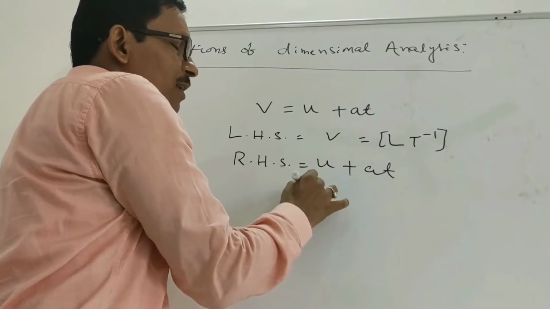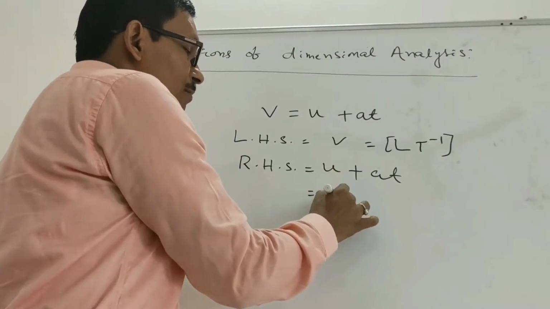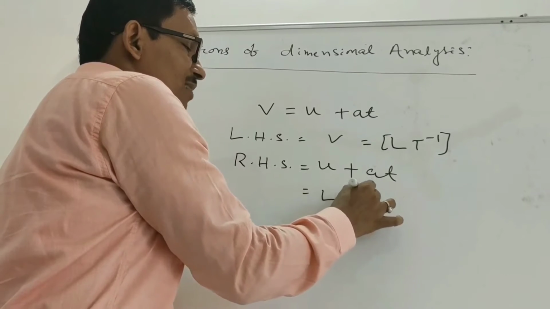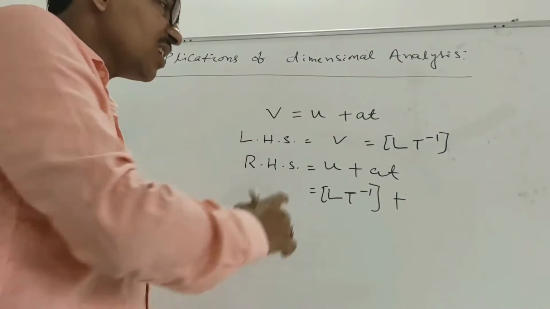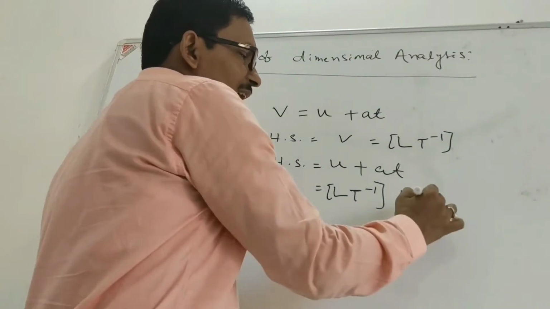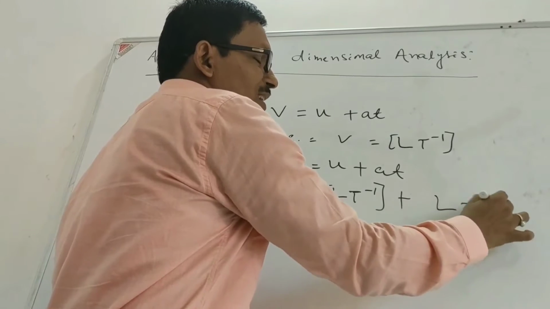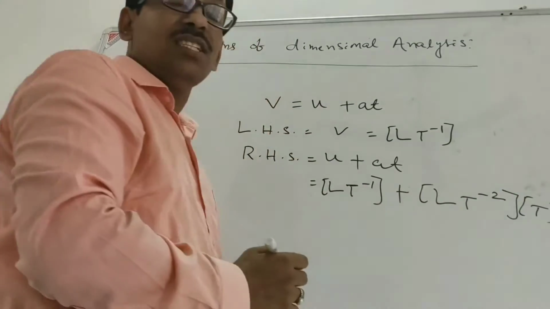U is initial velocity. It is another velocity, so it will have the dimension L T minus 1. What about the second term? In the second term, acceleration into time. Acceleration has the dimension L T minus 2, into T for time.